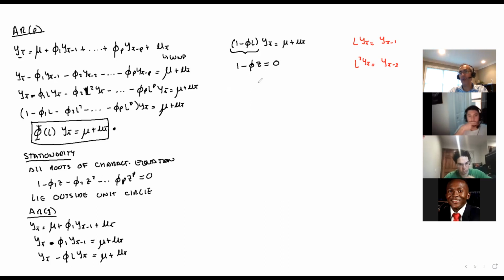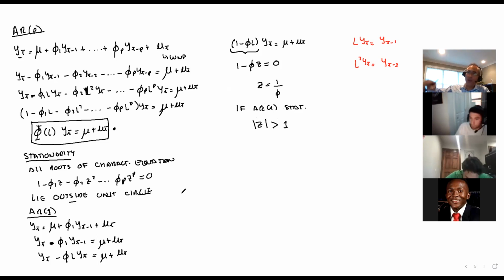What is C going to be equal to? I move C to the other side, it's going to be equal to 1 over psi. Correct, guys? And if my AR1 is stationary, this implies that C in absolute value must be larger than 1. So this is the meaning of outside the unit circle.